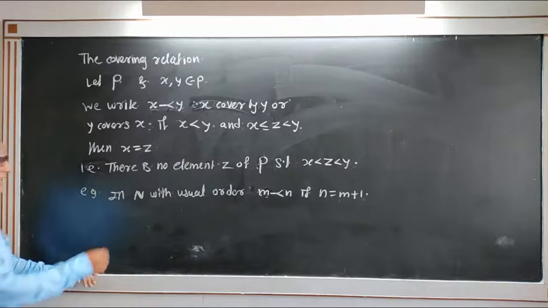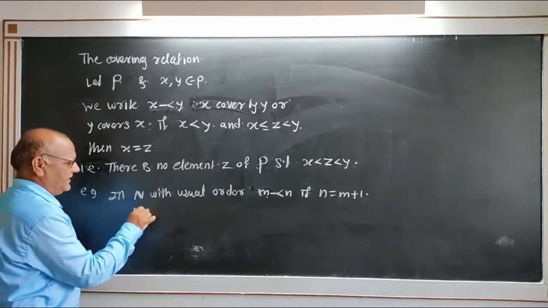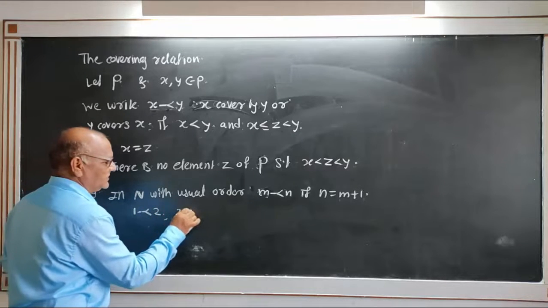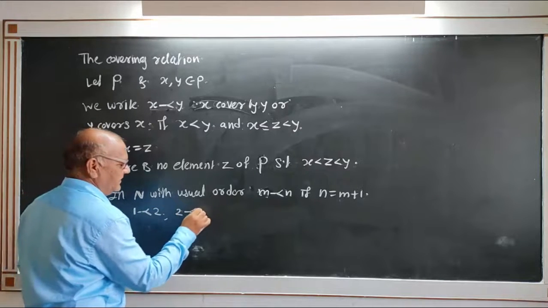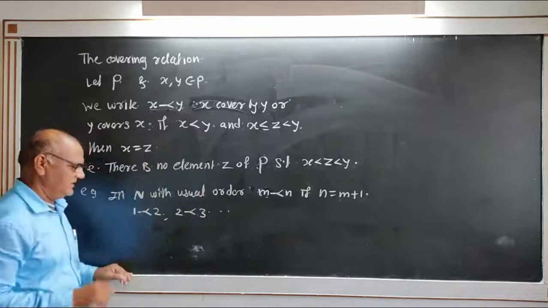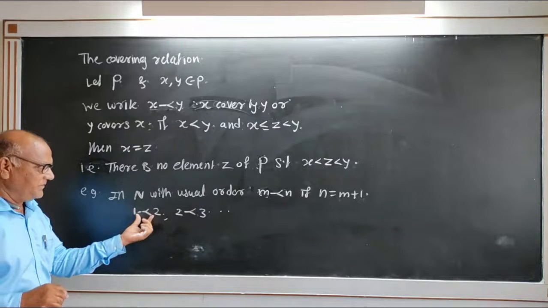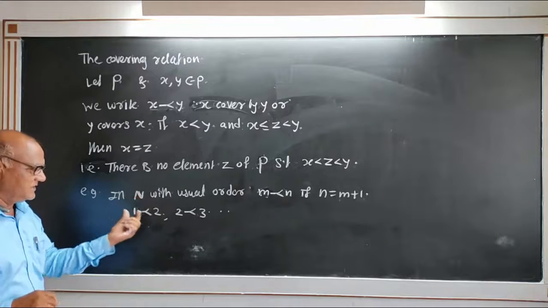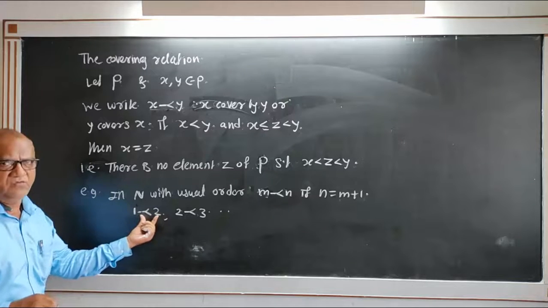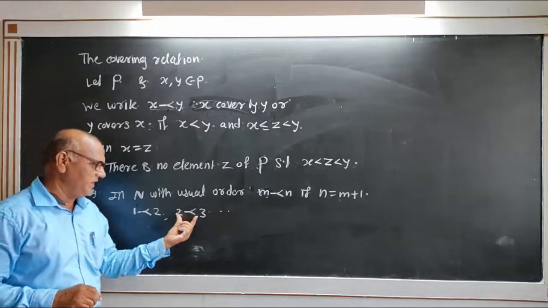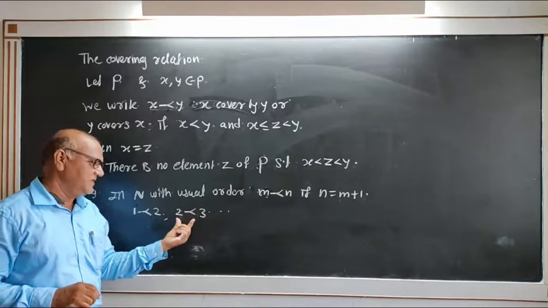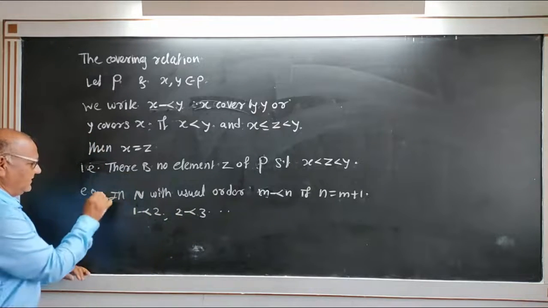That means 1 is covered by 2, 2 is covered by 3, and so on. In the set of natural numbers, there is no element between 1 and 2, also no element between 2 and 3. This is the covering relation.